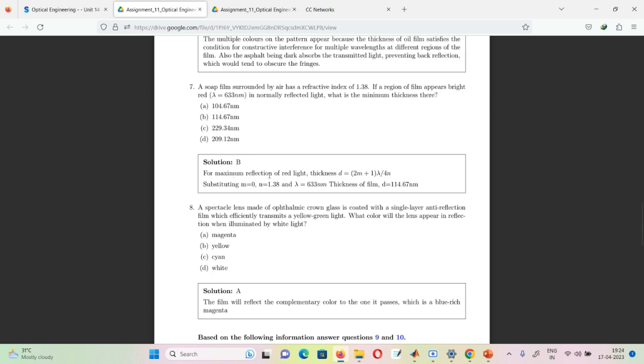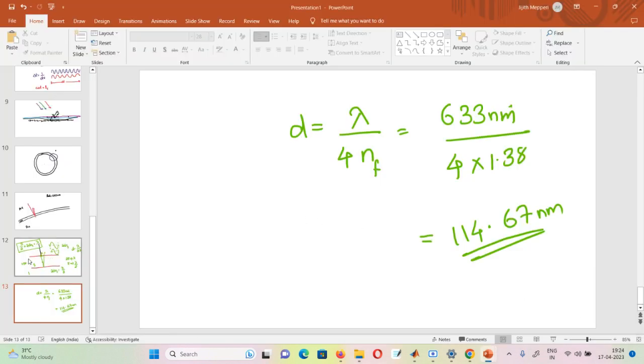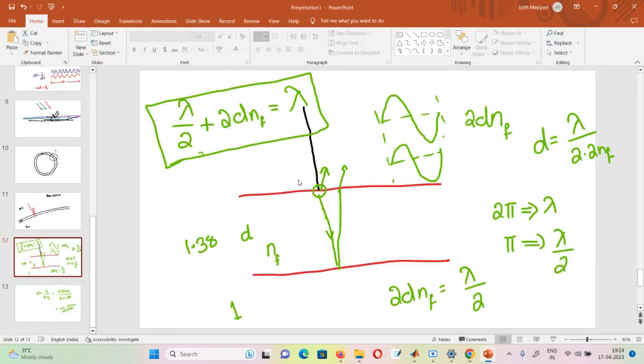You see, for the maximum reflection of red light, thickness d is equal to (2m plus 1) lambda by 4n. How is this coming? This is coming by taking care of this one. Logically you can solve it directly, but you have to make sure that if it is reflecting from here, coming from rarer to denser, the reflection will have a pi phase difference.